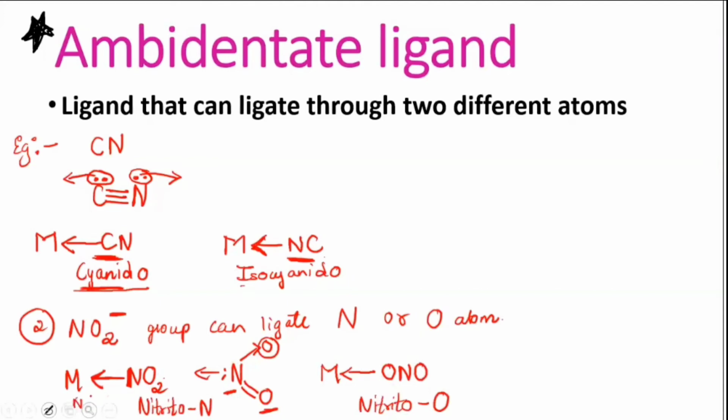That nitro stands for the first one. Nitro is another name you will find in some books, and for the other they write nitrito. So that can also be another name. They don't write isonitrito. It's written as nitrito O, where you are mentioning oxygen is going to bind.